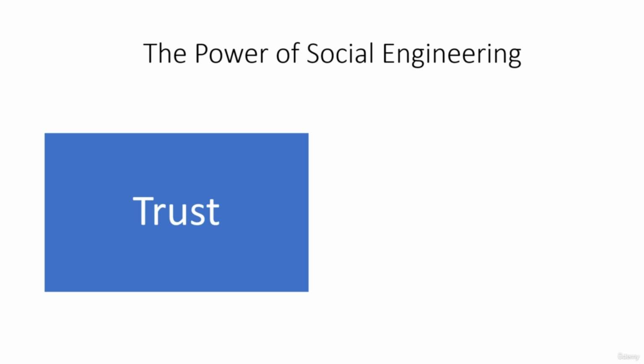For example, if you see someone dressed in a set of scrubs and carrying a stethoscope, you tend to trust them. So this tendency to trust is a weakness that can be exploited, and it's always exploited. Even till date, people exploit people's weaknesses.